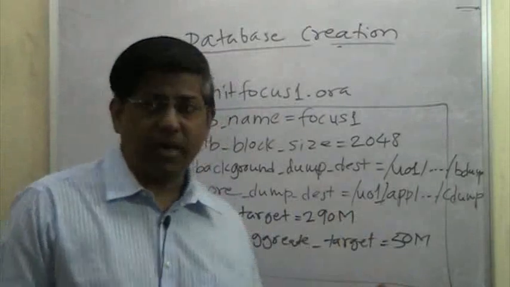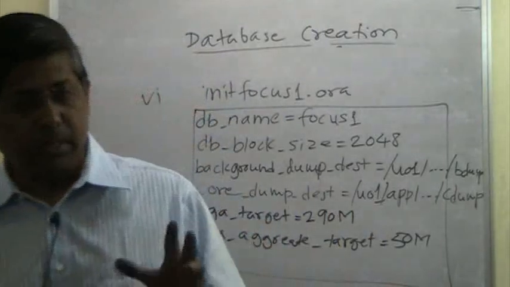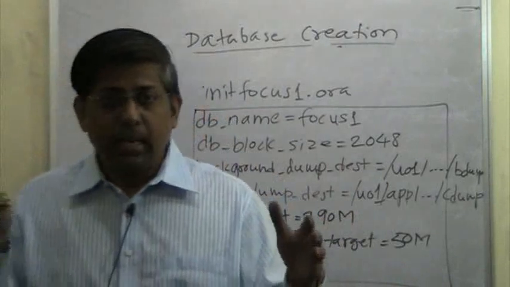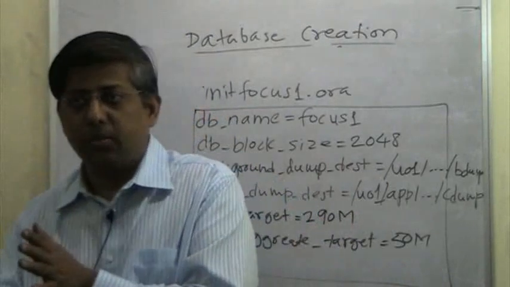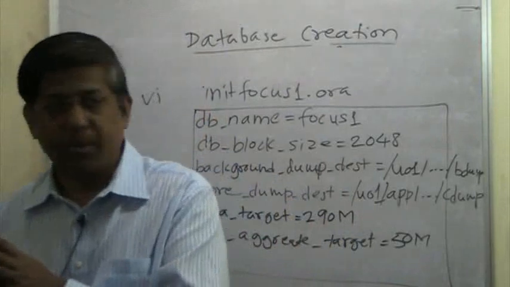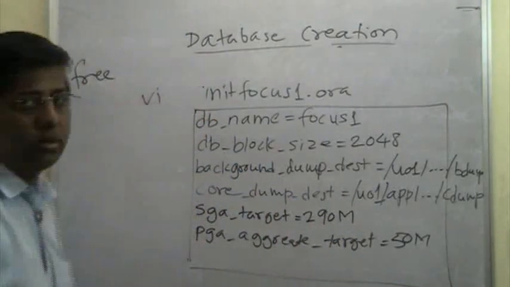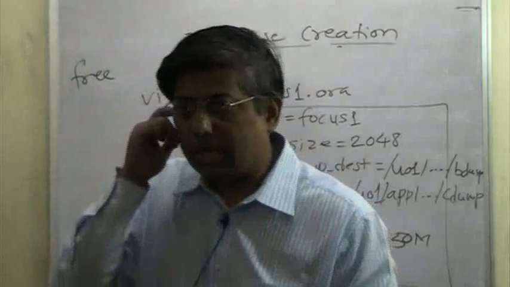So how do you decide these factors? Let us say, for ease of mathematical calculation, I have a machine with 1 GB of RAM. Out of 1 GB of RAM, the operating system takes, say, 20%, so 200 are gone to the operating system. You can find out how much RAM you have using the free command on a Unix machine, or on Windows you can go to the task manager.